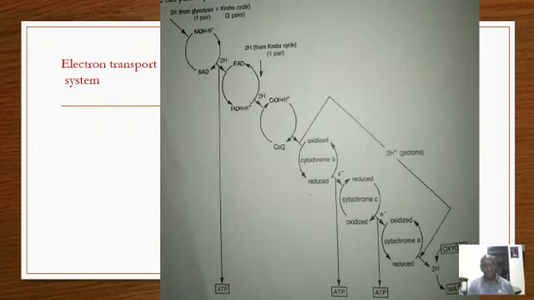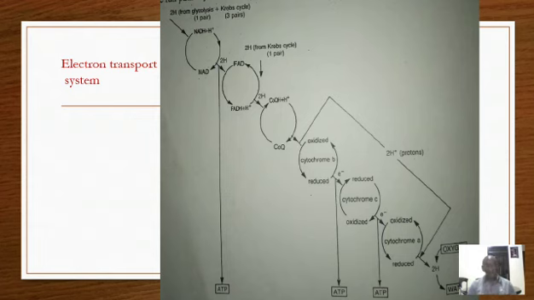This time they are accepted by coenzyme Q, meaning coenzyme Q becomes reduced, forming CoQH2. Reduced coenzyme Q. Now, reduced coenzyme Q, or the CoQH2, then loses the hydrogen atoms.